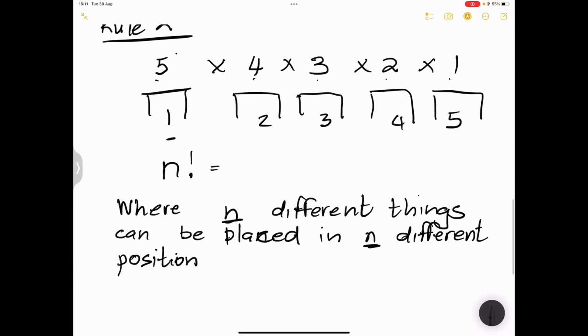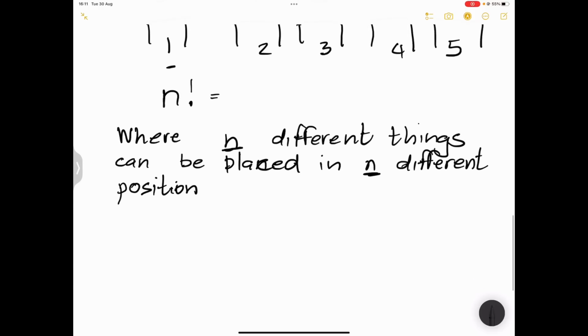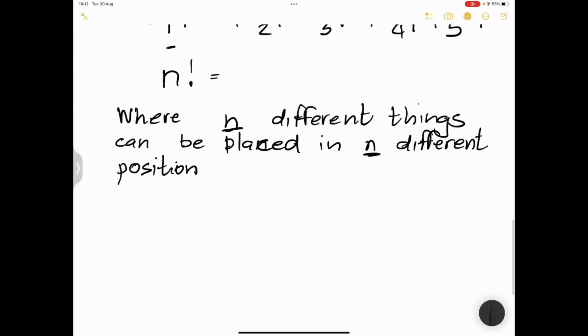So in that case, the number of possible outcomes that I will have will basically be n factorial.